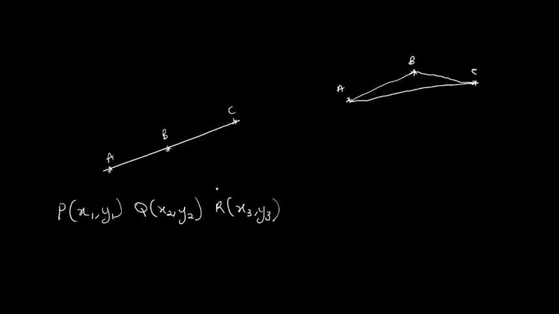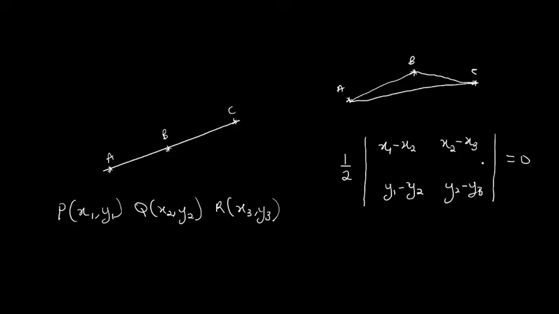Now using these 3 points, how do we use the area of a triangle formula to show that the 3 points are collinear? We do that by using the formula half, then we have like matrices. We have x1 minus x2, then we leave room, x2 minus x3, then we have here y1 minus y2, then we have y2 minus y3 here should be equal to 0.